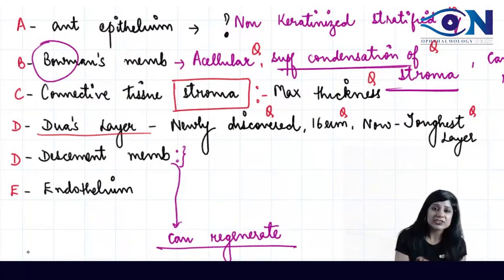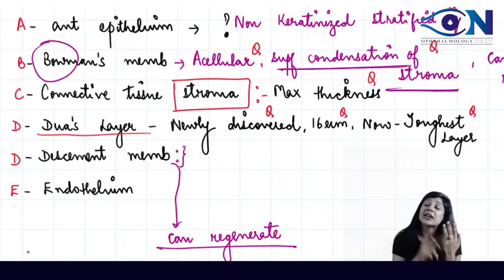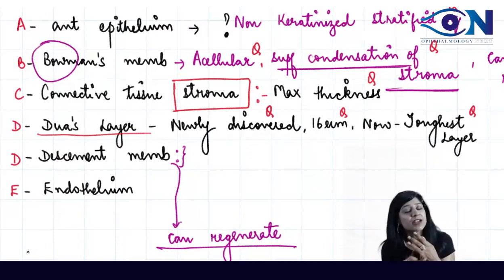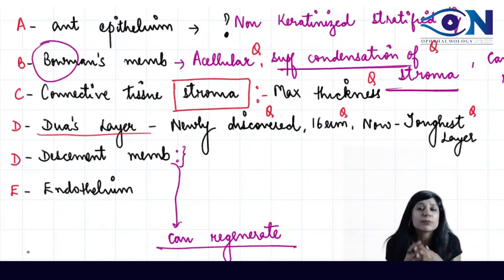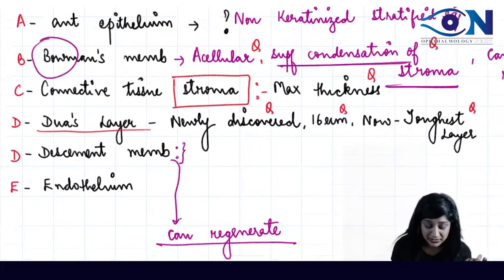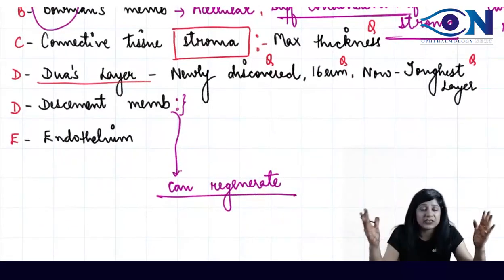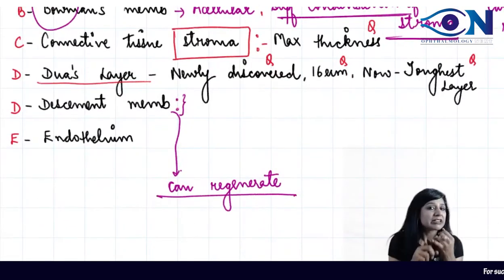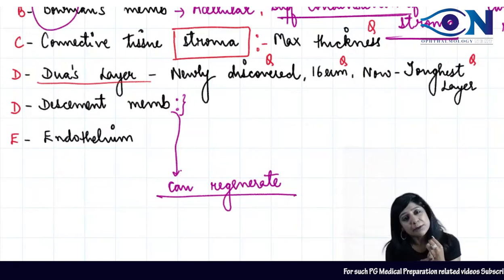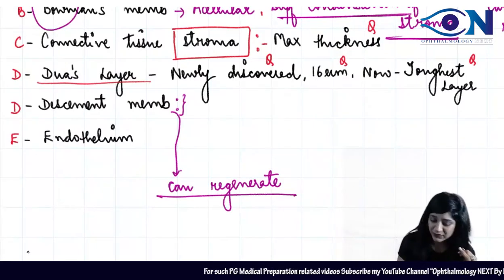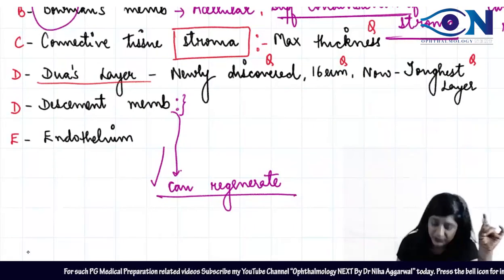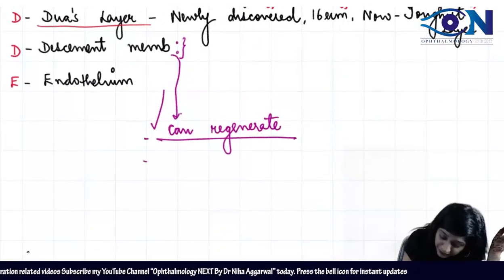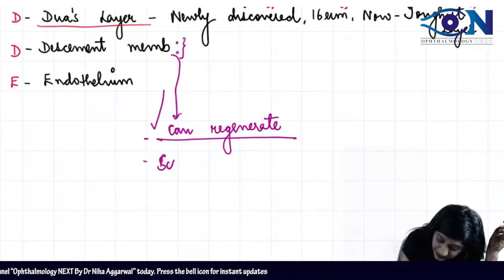It is just the condensation of the stroma. And then we have the stroma, obviously the thickest part. Then we have pre-Descemet's membrane, the newly discovered membrane. Then we have Descemet's membrane, which is very, very important. It can regenerate. Then we also have the Schwalbe's line.